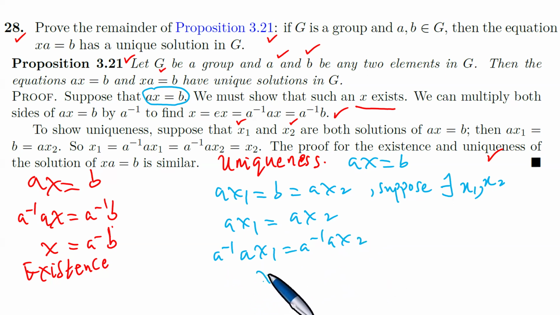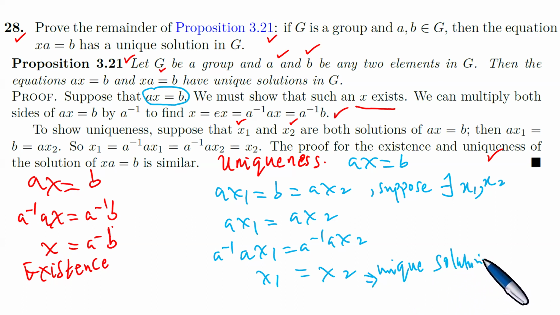A to the power minus 1 A is the identity, which means that X1 is equal to X2. And the fact that X1 is equal to X2 suggests, therefore, that the solution is unique. So we have a unique solution X.